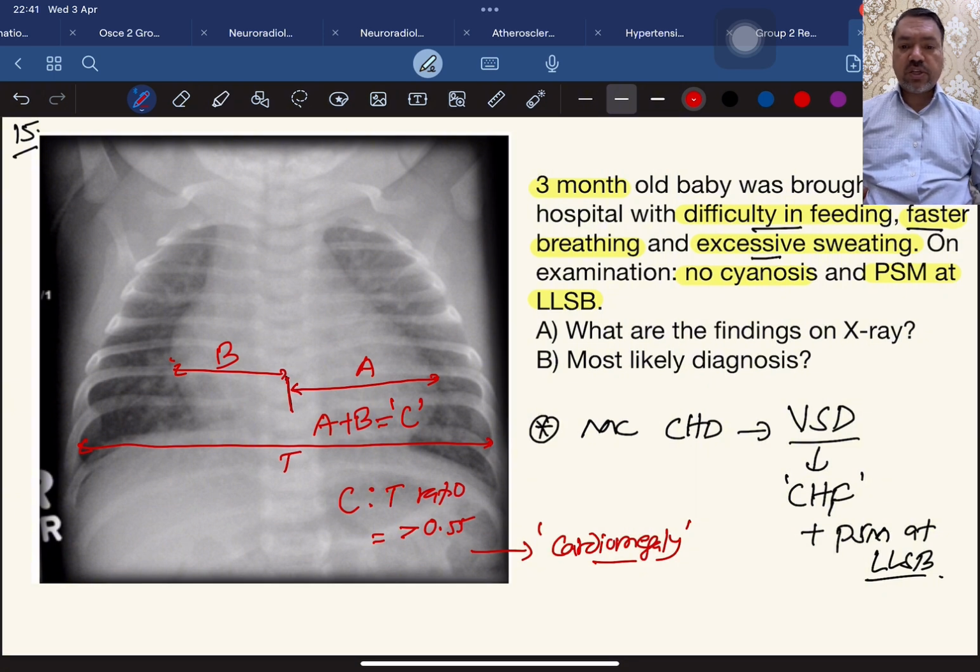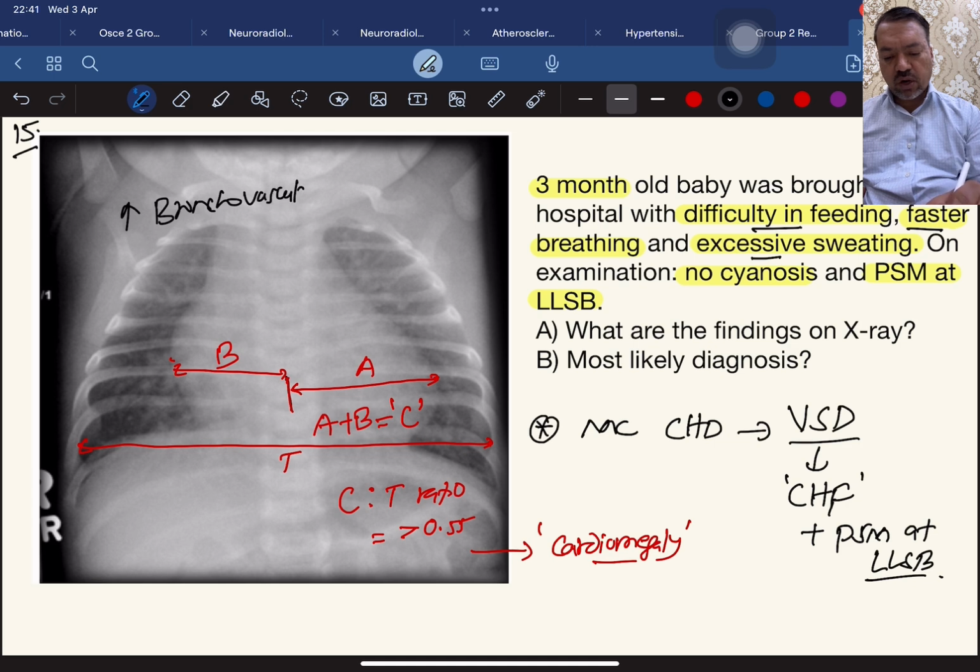VSD is one of the heart diseases which causes cardiomegaly. That is one finding in the X-ray. Another finding in the X-ray is, look at the lung fields. This lung field has increased bronchovascular markings. What do you mean by that? That means there is increased blood flow to the lungs.